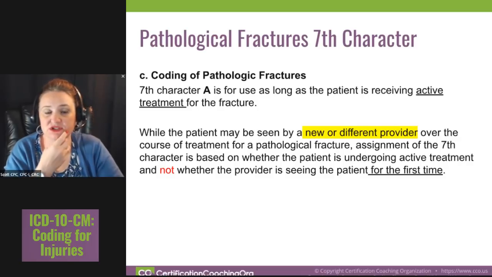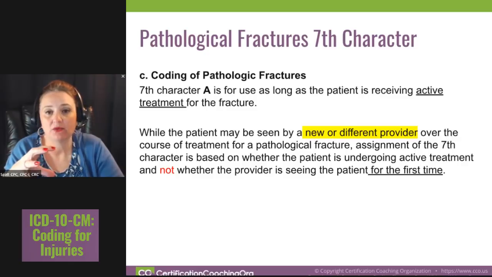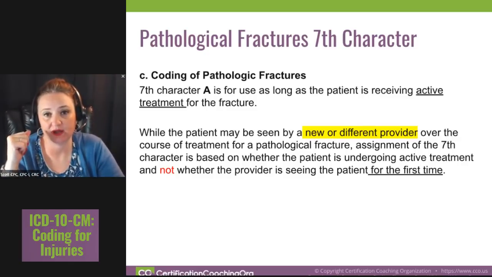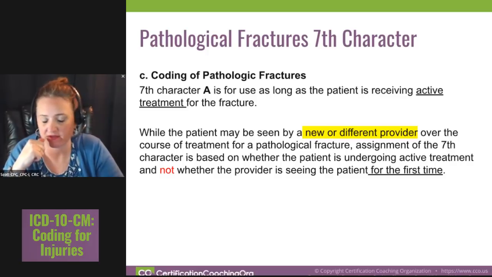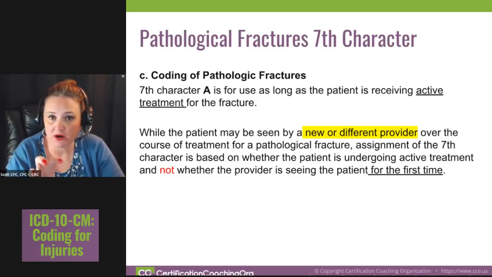Because a lot of times they'll just put a temporary casting splint to get them stabilized, so then they can go to a specialty, the orthopedist. Okay, we're still in active treatment for the fracture.